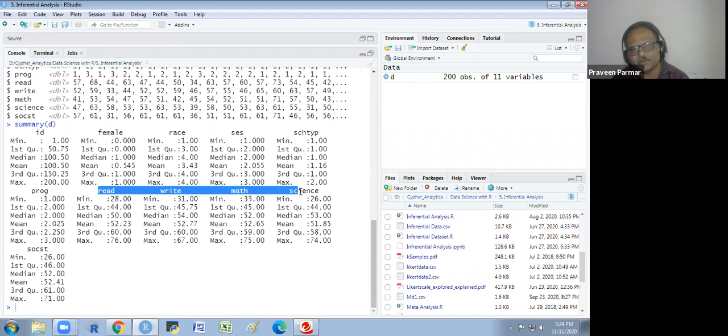Only these variables are purely numeric. This may be discrete ordinal, and this also ordinal discrete. School type is also discrete, and the program we could not say is discrete, it is a general category.